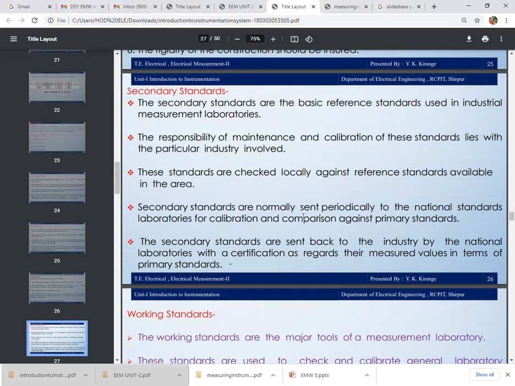These standards are normally sent periodically to the national standards laboratories for calibration and comparison against the primary standards. That means where we have to calibrate these secondary standards, we take the reference of our primary standard, and we can calibrate and verify by the primary reference.